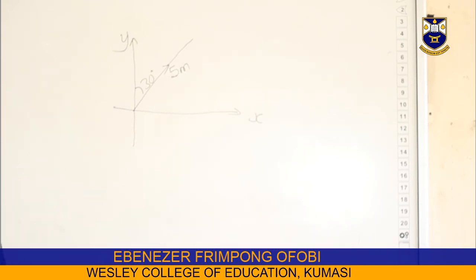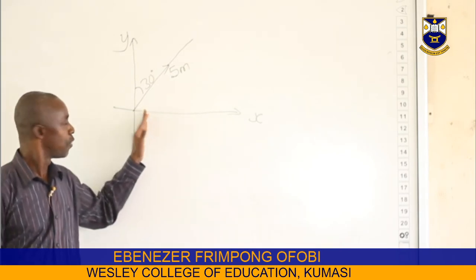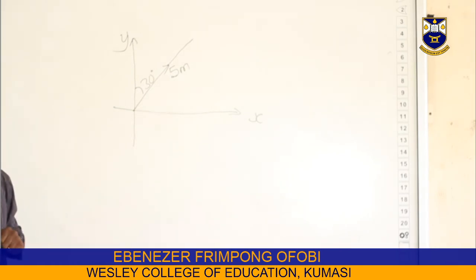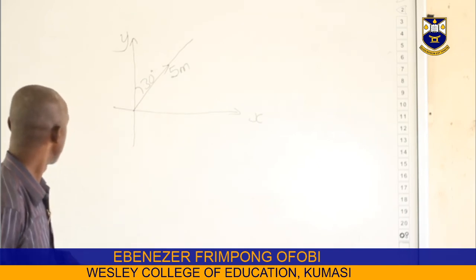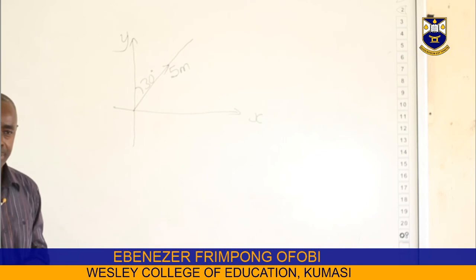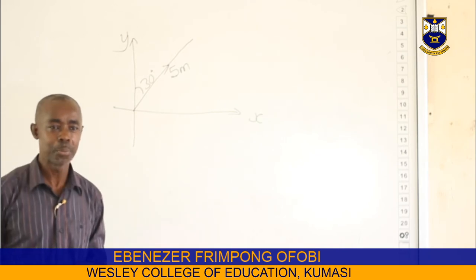Yes, as you can see on the board, a vector of length 5 meters with the bearing 30 degrees. That is one example of it.